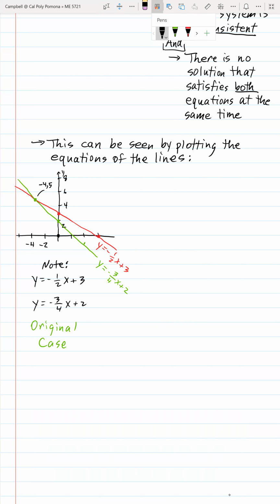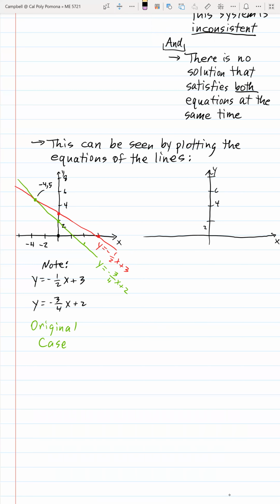So for our current case, we have the following situation. We have, of course, our y-axis. We have our x-axis. And we'll have 2, 4, 6, 8 again.